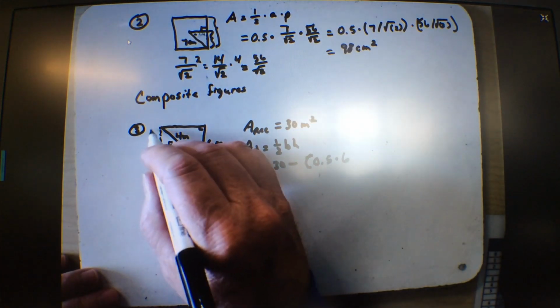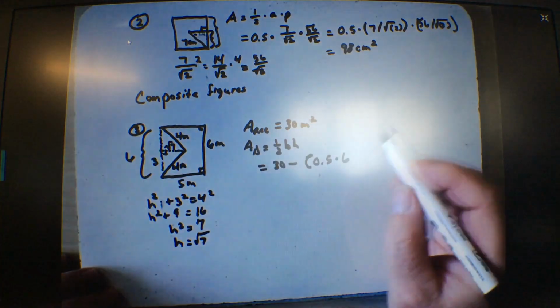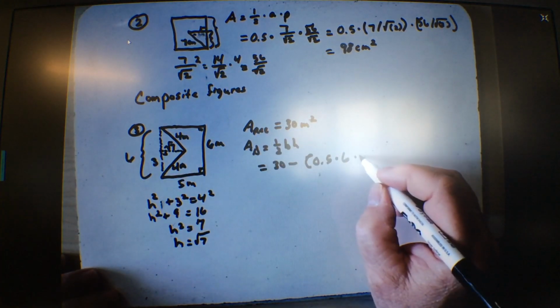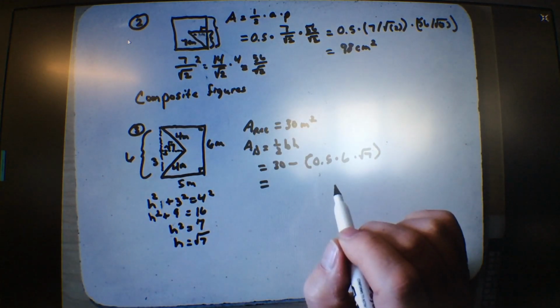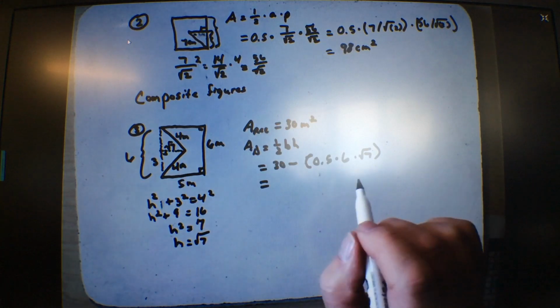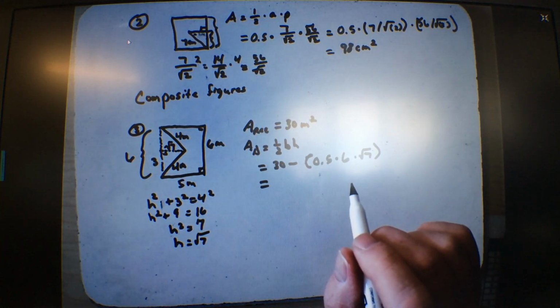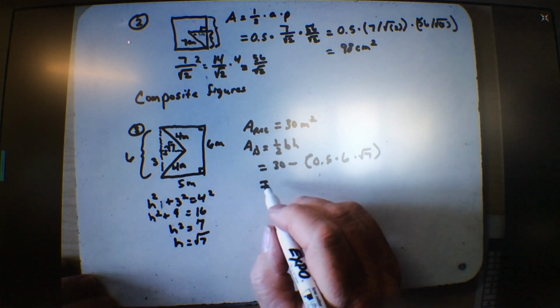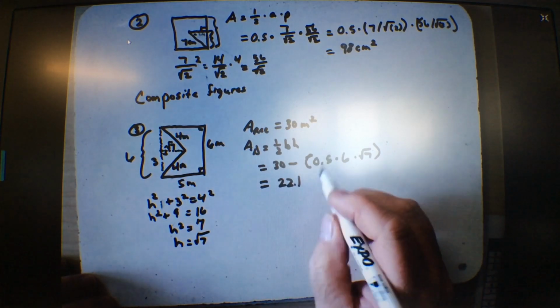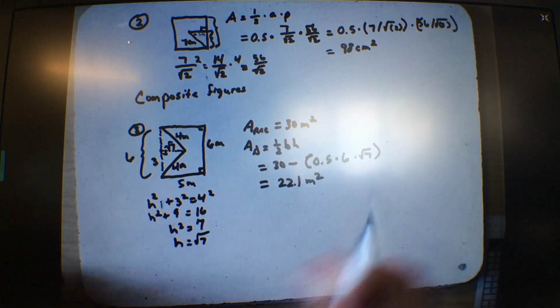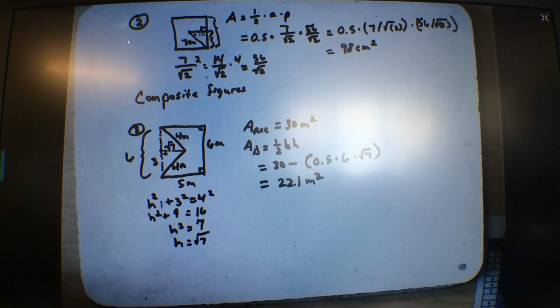Remember, the whole thing was 6. Times the height, which is the square root of 7. So now, if you take 30 minus that quantity, tell me what you get. 22.1 meters squared, right? And there's an idea of a composite where we actually took a piece out.